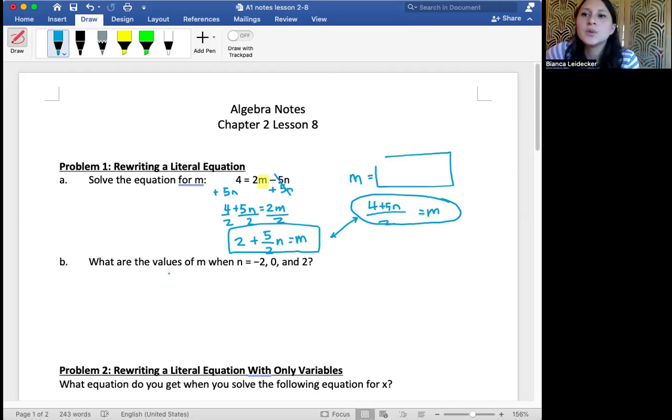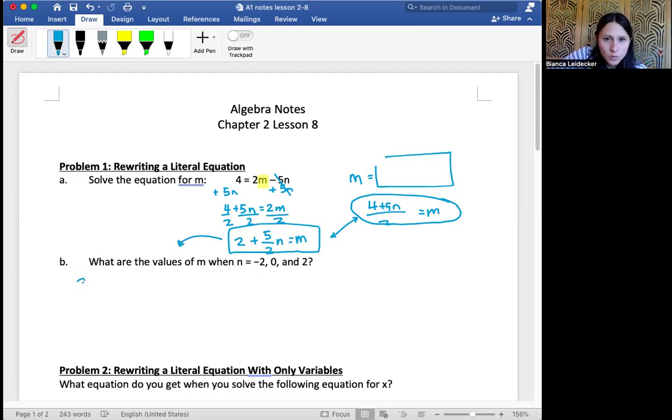If we were to use this equation now, and I want to solve for m when n is negative 2, 0, and 2, I basically have 3 substitutes of numbers I can plug into. And so I'm going to use this equation for step B here.